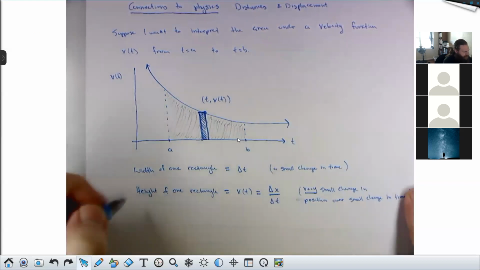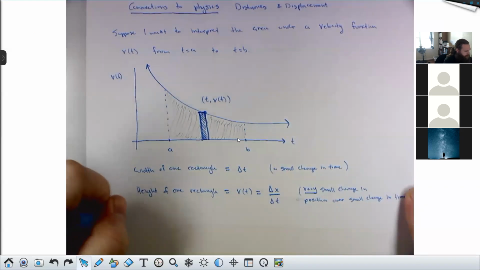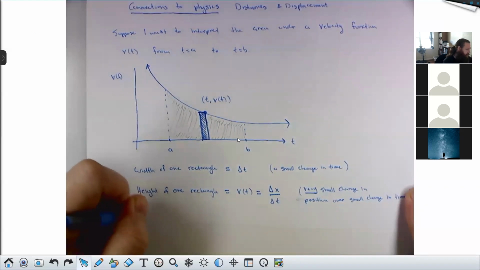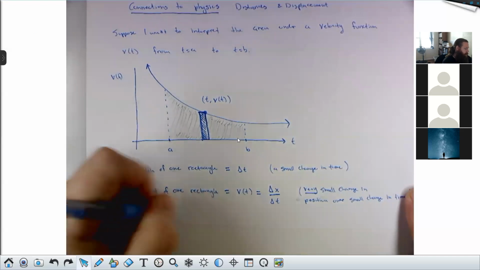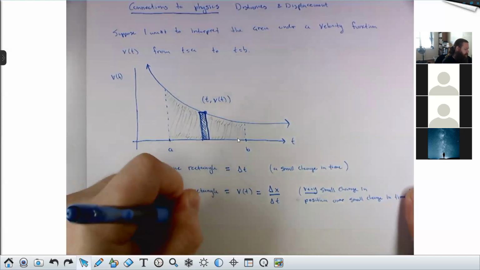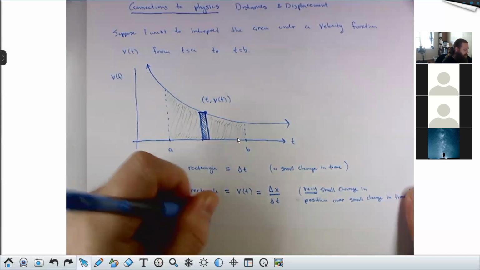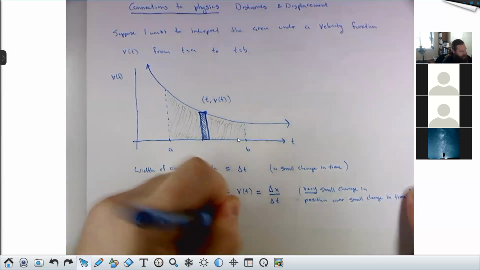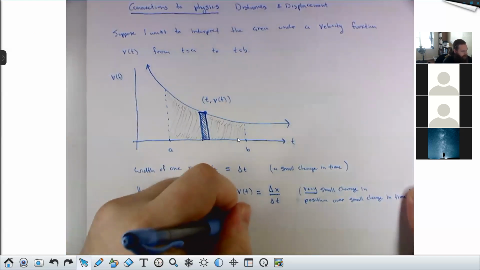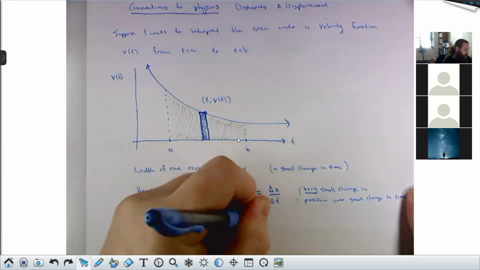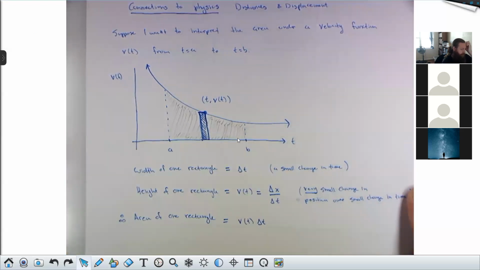So the area of this little rectangle would be the height, v of t, times delta t, the width times the height, or the height times the width.